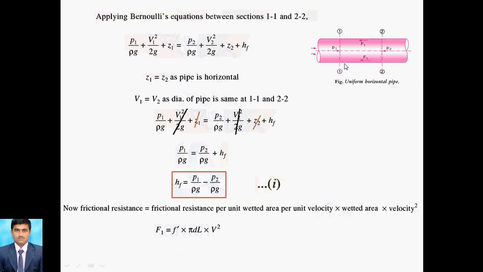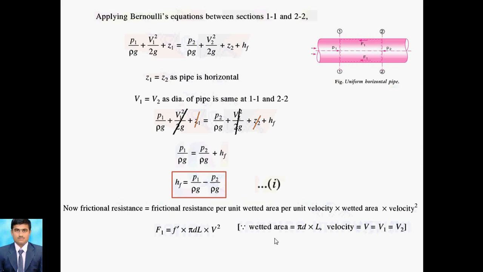Because we are considering the length L over here, as the fluid is crossing sections 1 and 2 over the wall of the pipe. That's why we consider the wetted area, which is pi d l, that is nothing but circumference times length, into v square, the velocity square. So this experiment suggested the frictional resistance formula.